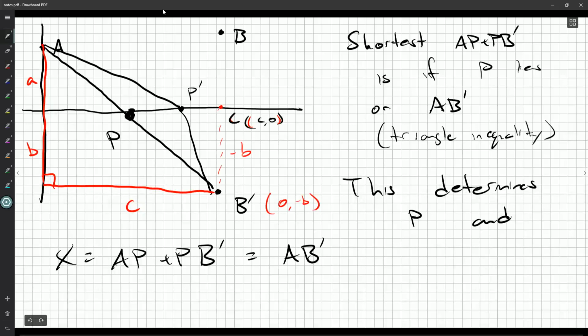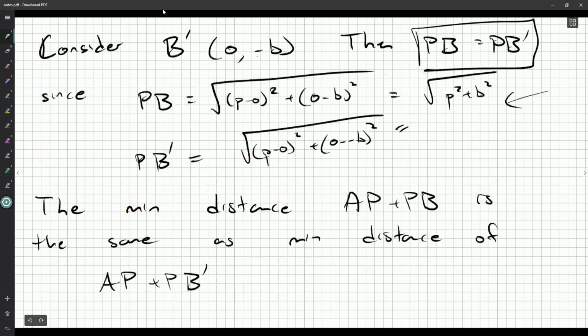So as long as you drew this picture, you could say by Pythagoras. If you didn't want to use this picture, you could use just the distance formula and say, what's the difference in the x coordinates? Well, it's 0 minus c. Sorry, this is at c minus b. So minus c here.